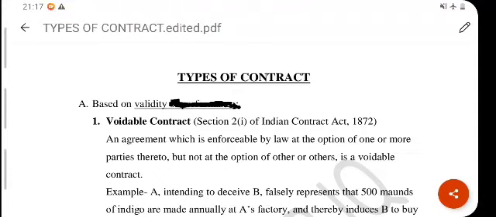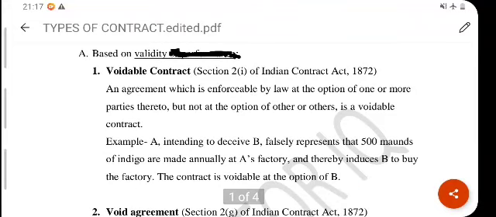Voidable contract. The term voidable contract is defined under section 2I of the Indian Contract Act. It means an agreement which is enforceable by law at the option of one or more parties to the contract, but not at the option of the party who is proposing the contract.